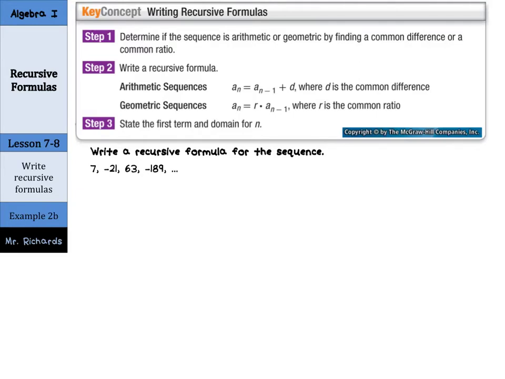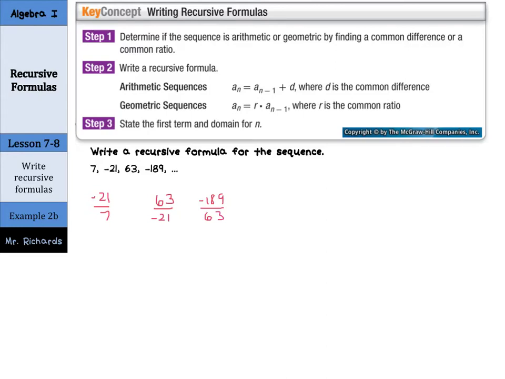Now, as these numbers in example 2b are bouncing back and forth between positive and negative, there is no common difference here. There has to be a common ratio. And so since we're looking for a common ratio, we can say, all right, let's look. Negative 21 over 7, 63 over negative 21, and negative 189 over 63.